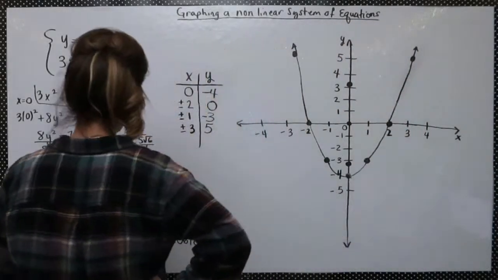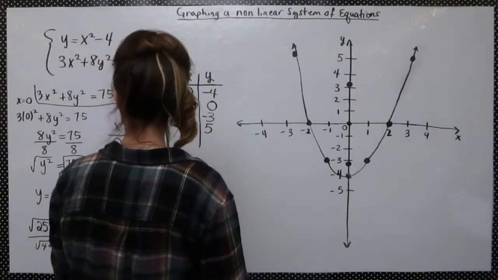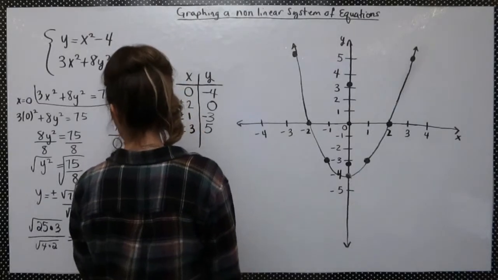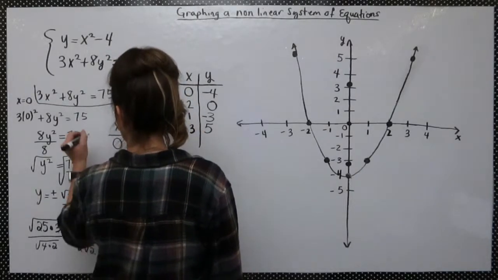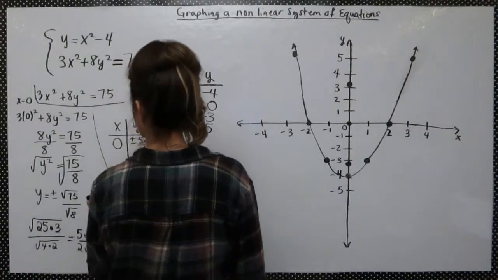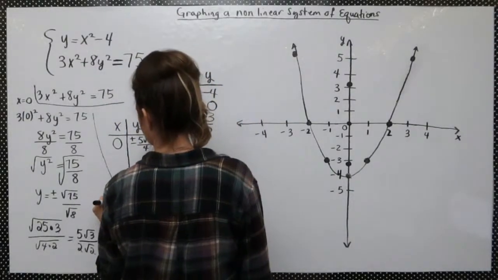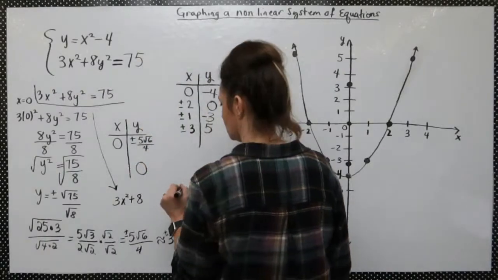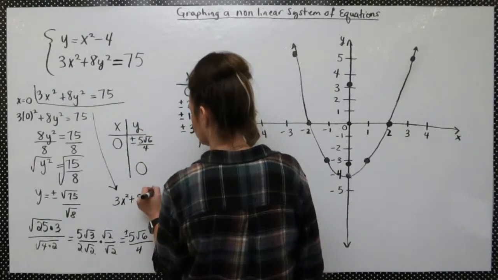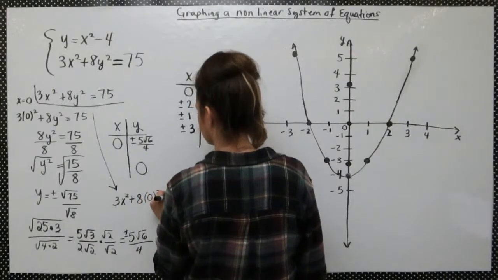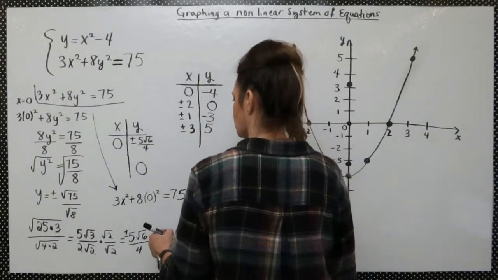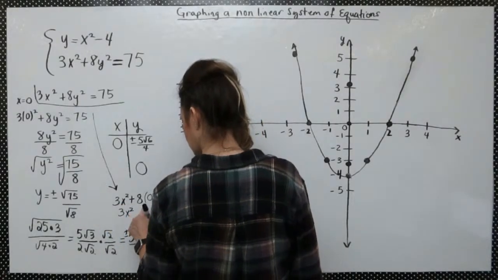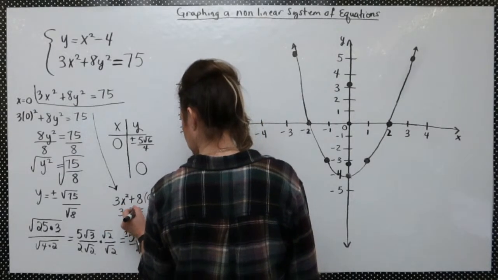All right, so let's go ahead and plug in now 0 for y and see what happens. So that'll be 3x squared plus 8 times 0 squared equals 75. That's going to give me 3x squared, 8 times 0 squared is 0, equals 75.